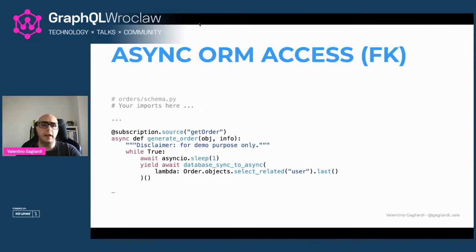Here again, we have database_sync_to_async, we have a lambda function, and we get the last order from the database by issuing just a slightly bigger query to fetch also the related user. And this will make the subscription work.